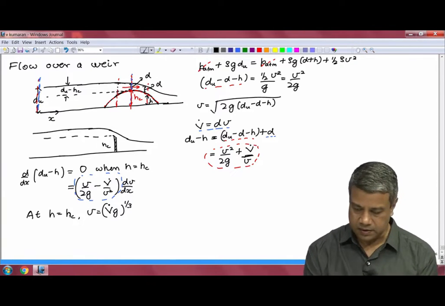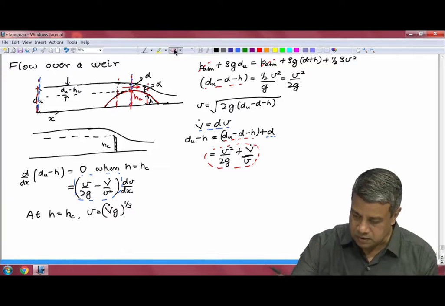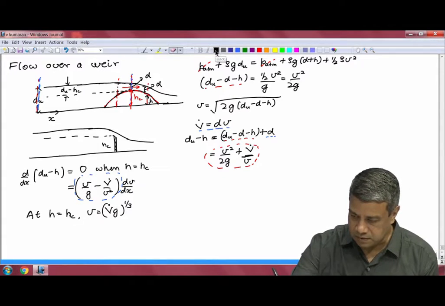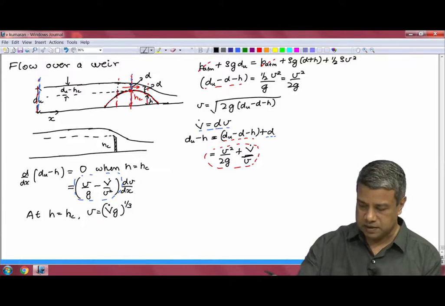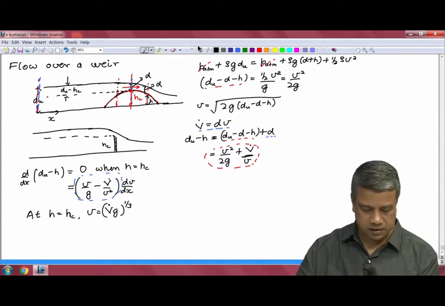You can just solve this equation quite easily. There should be no 2 in the denominator, because when I take the derivative of v square, I will get 2v. So, it is just v by g minus capital V dot by v square, and from this you will get this relationship.